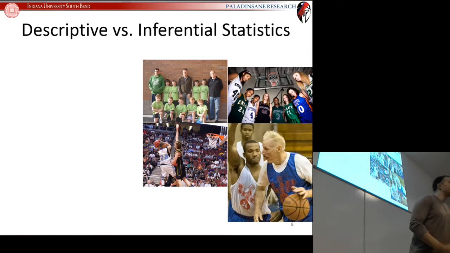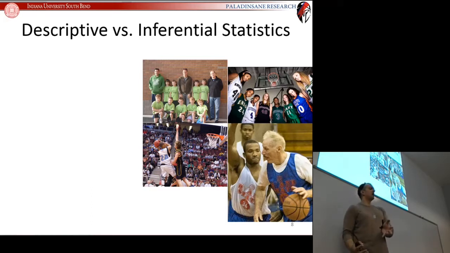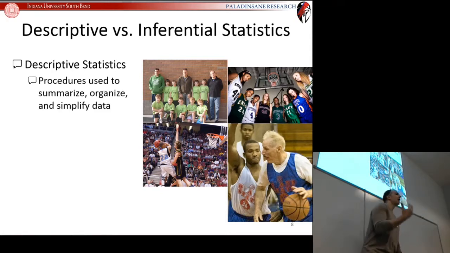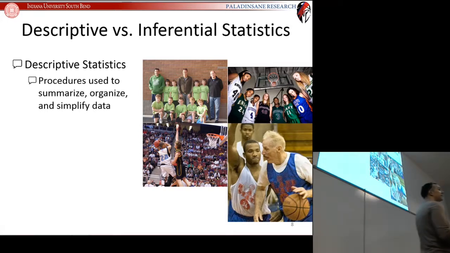So to do this, you would need both descriptive statistics and inferential statistics. Descriptive statistics are the statistical procedures, concepts, and ideas that are used to summarize, organize, and simplify data.